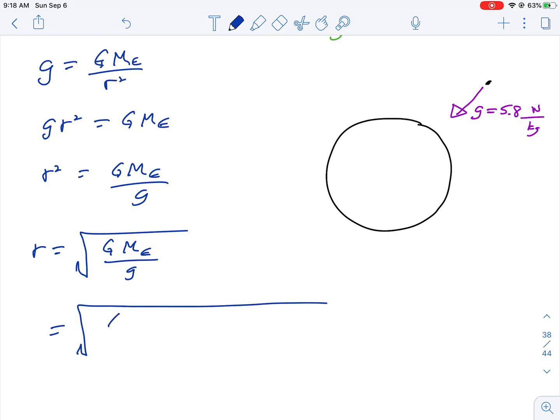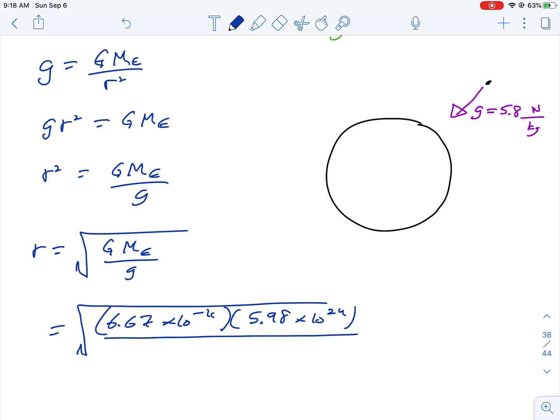So again, G is 6.67 times 10 to the negative 11, true anywhere in the universe. The mass of the Earth is actually on the back of your formula sheet. If you look on the back of your formula sheet, it tells you the mass of the Earth. It is 5.98 times 10 to the 24th kilograms. And for g, careful, it's not 9.81.